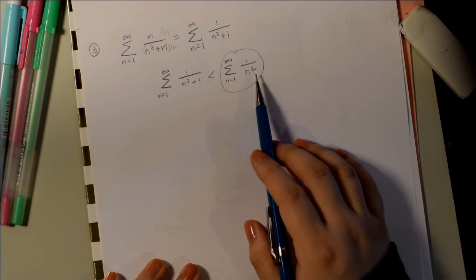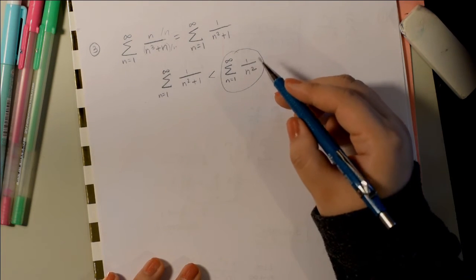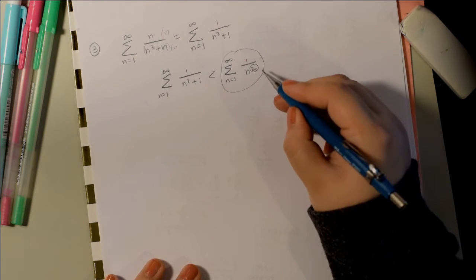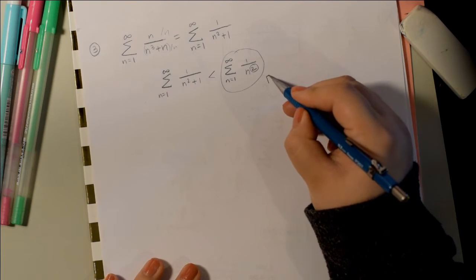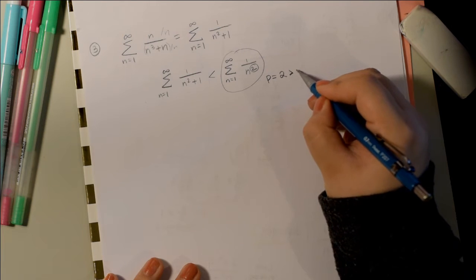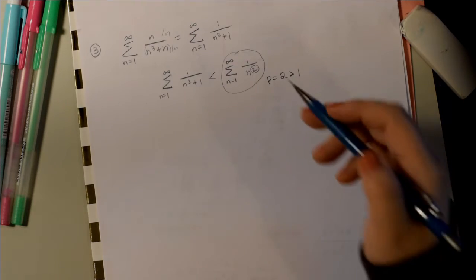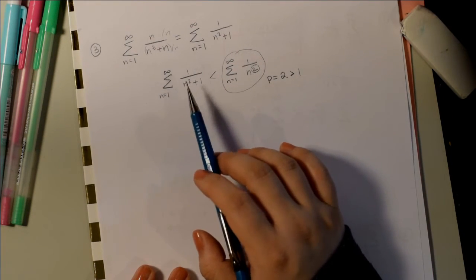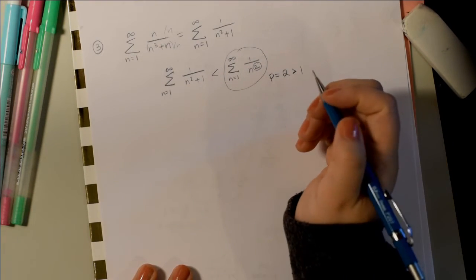So this does converge because we can use the p-series test. It's 1 over n to the p, where p here is 2, and 2 is greater than 1. And since it's greater than 1, by the p-series test this thing converges, and by the comparison test, therefore, our original thing converges as well.